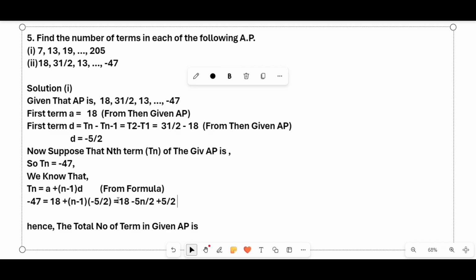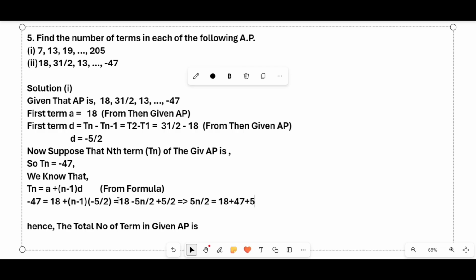Okay, or else we can say that minus 5n by 2 will be transferred to the left side, so it will be 5n by 2 is equal to minus 18 will be here. So 18 plus 47 and plus 5 by 2.